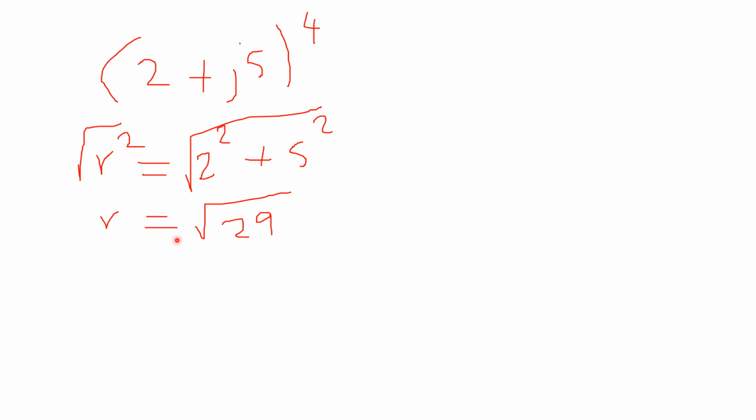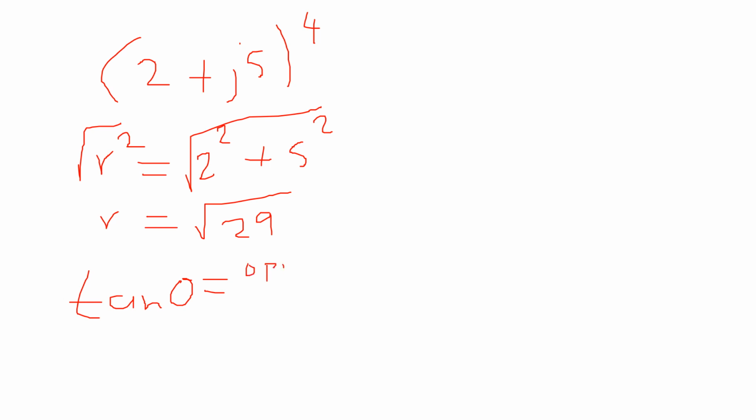Remember, we must also find the angle so that we can represent it in polar form. Because we already have the real part and the imaginary part, we can use the tangent of theta. Tangent of theta is equal to opposite over adjacent.